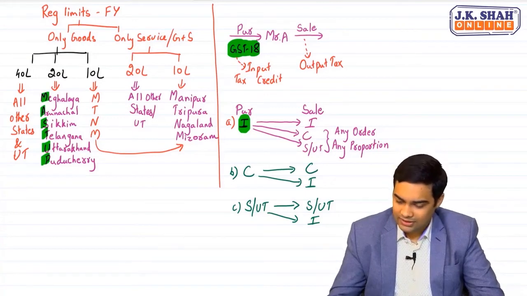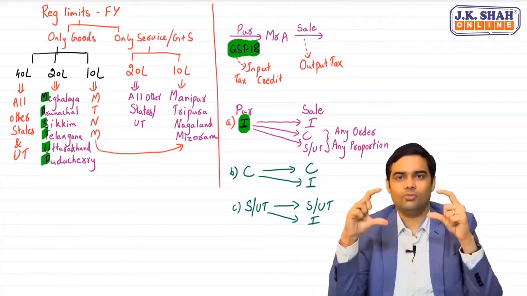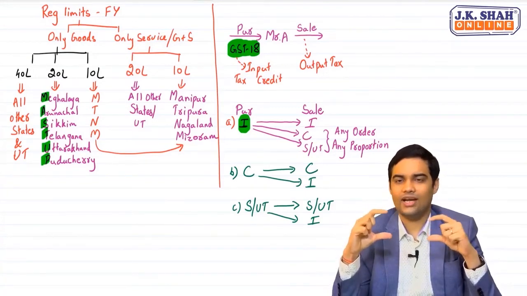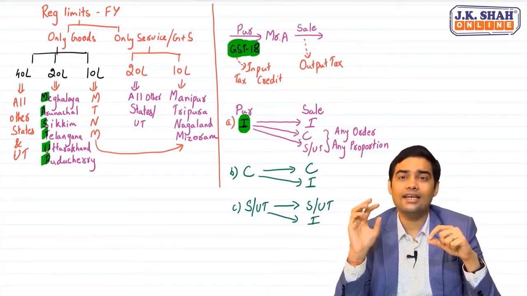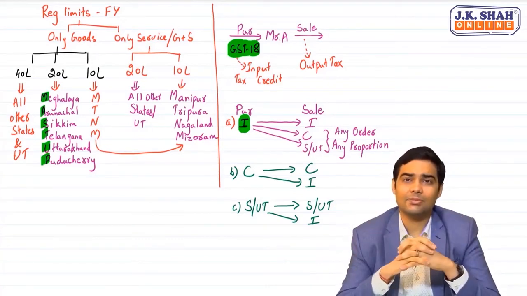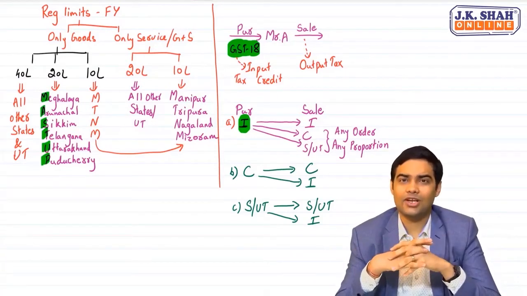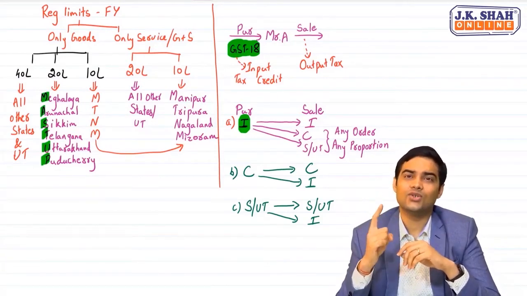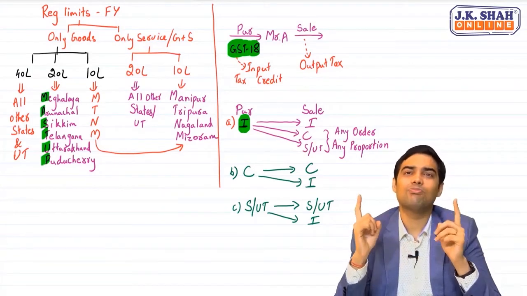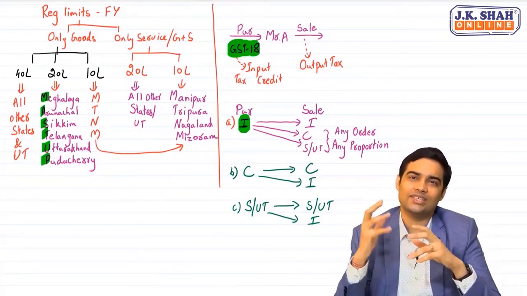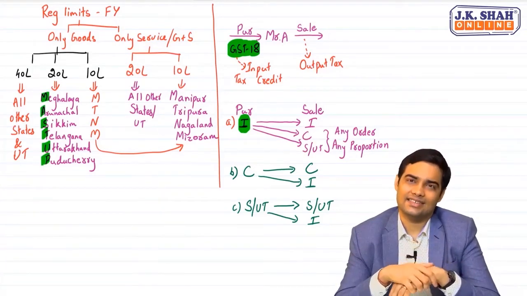So remember, first you derive the output tax, then you derive the input tax, then you will start calculating tax payable or excess credit. Now when you are calculating tax payable or excess credit, first utilize IGST completely before using CGST and SGST.